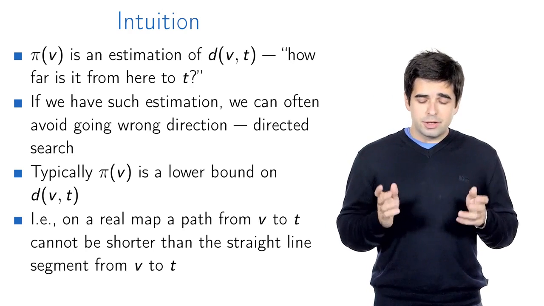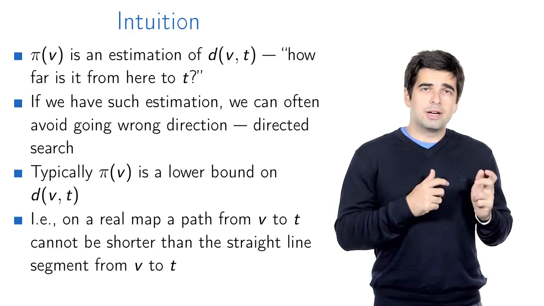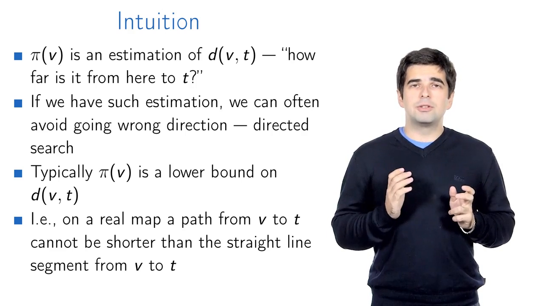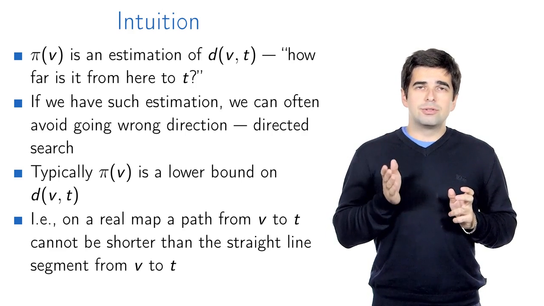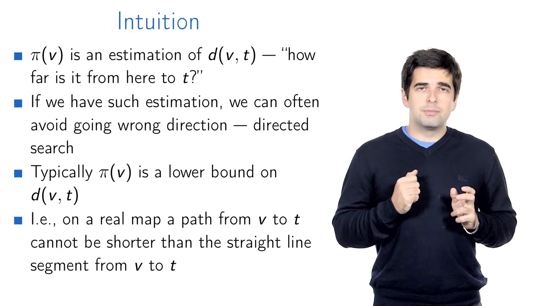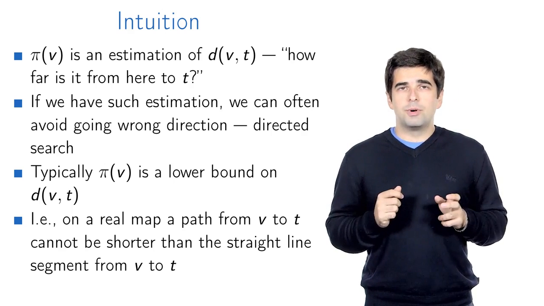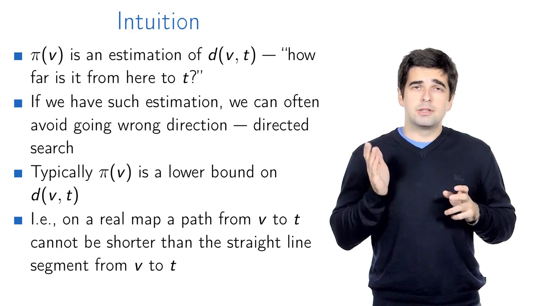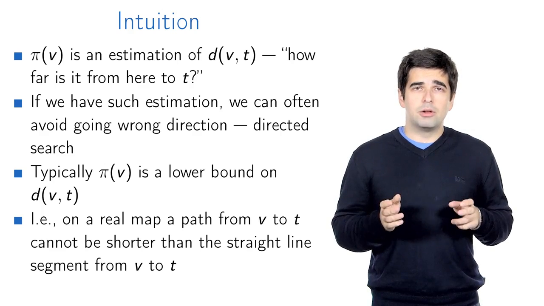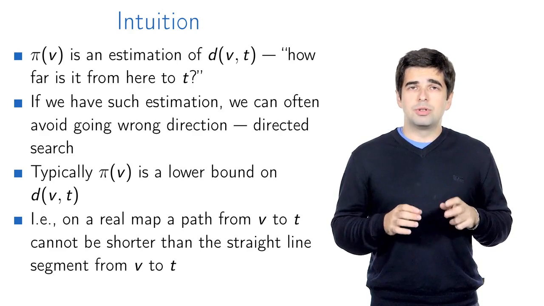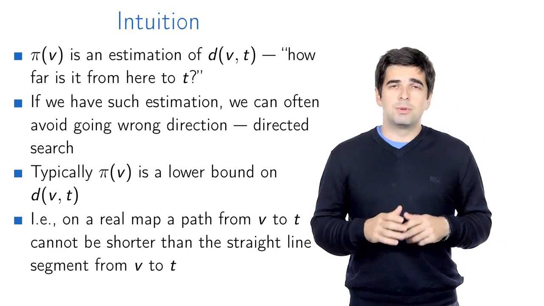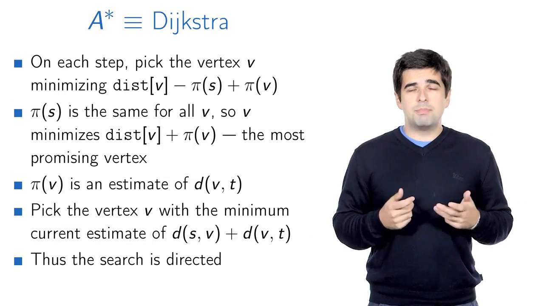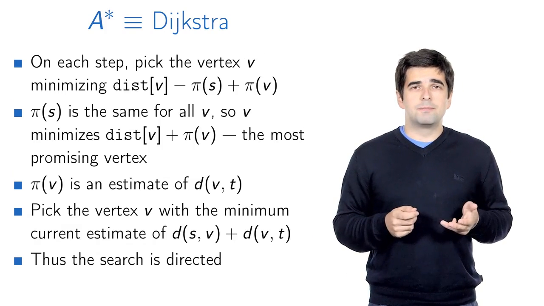For example, on a real map, a path from the current point to the target cannot be shorter than if we manage to go directly on a straight line from the current point to the target. This is often not possible because of houses or mountains, but if this is possible, this is the shortest path possible at all, and our real path cannot be shorter than the straight line segment between the current point and the end point. So A-star algorithm is basically this Dijkstra with potentials.